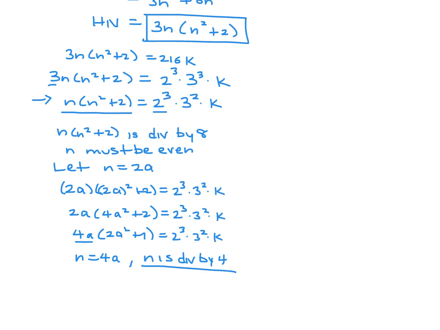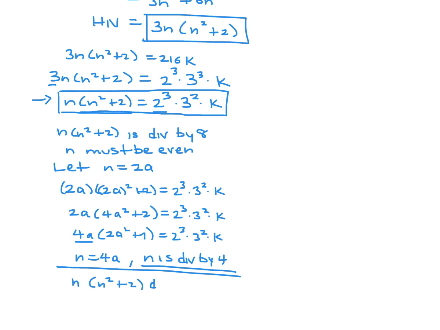Going back to the original, we can also conclude that n times n squared plus 2 is divisible by 9, because that's 3 squared. So, in summary, we have a few scenarios here.